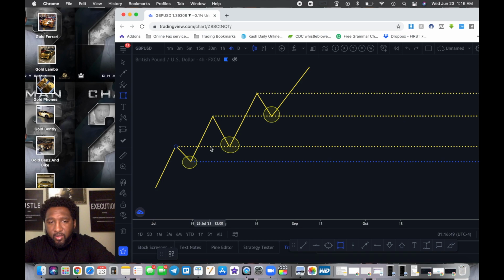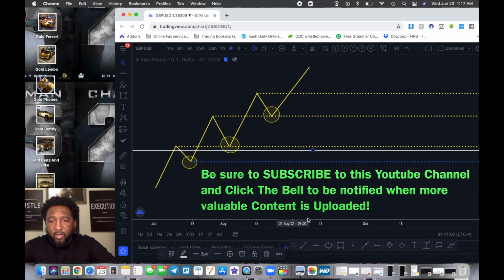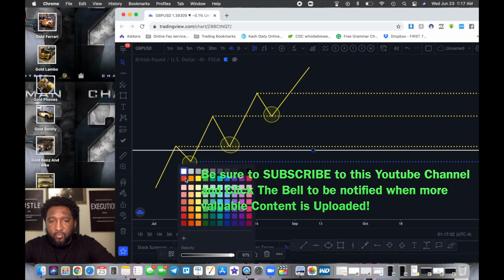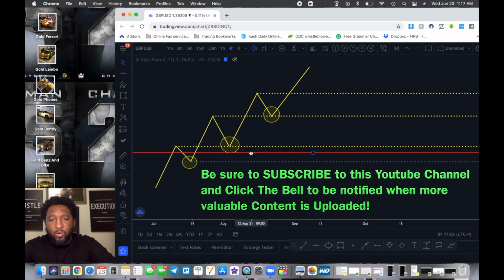What most people don't understand about this is that there's no rule that says the market has to stop here. So what most people do is they're putting their stop loss below this area. Okay, this red line represents stop loss, right? Below this area. And they're buying the market right here in this area.